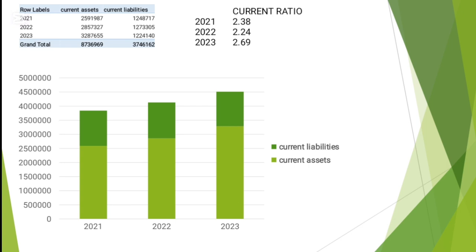We can see here that in 2021, Zambia Sugar is able to cover short-term obligations. We can also see that from 2021 to 2023, it has always been able to settle short-term obligations, which is a good thing for the company.